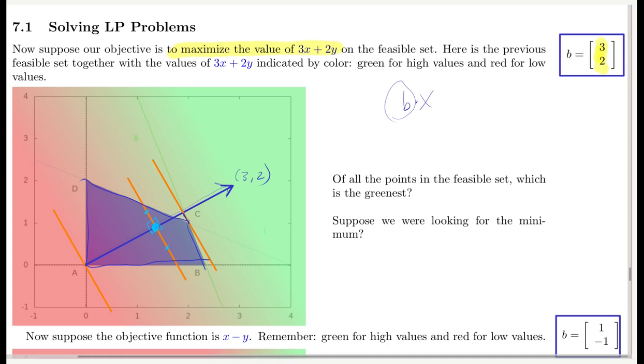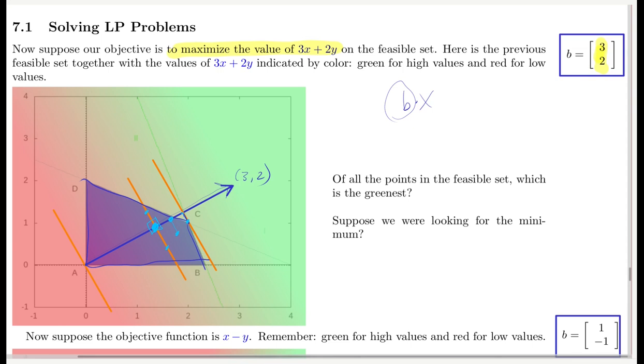But that's not as long a projection as you can get by picking, for example, a point out here and projecting that onto the vector B. You get a longer, greater result. And the maximum result you can get is by going to the edge of the feasible set right here, this corner, and when you project that, you get this.